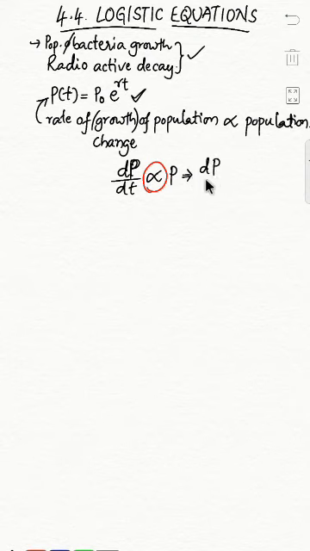Let that be r. dP by dt equals r times P. This r is the proportionality constant.